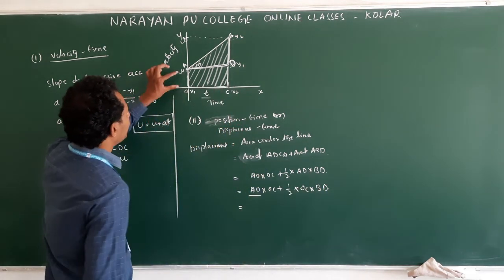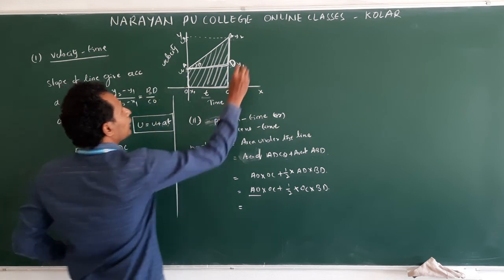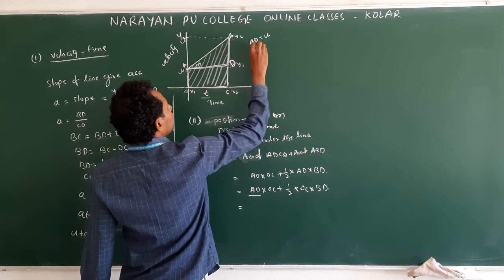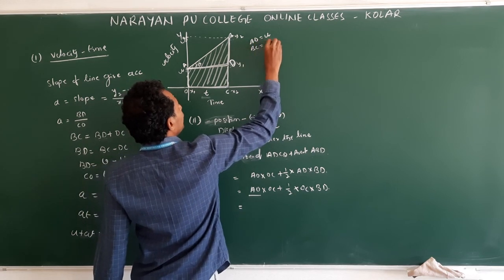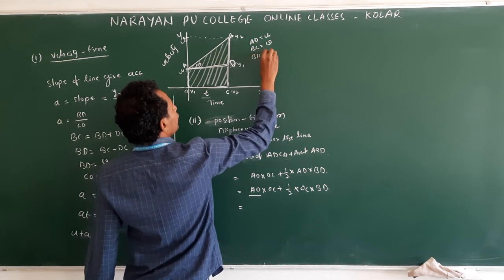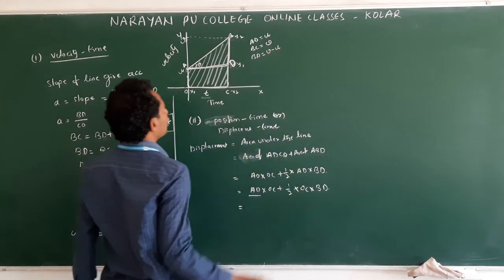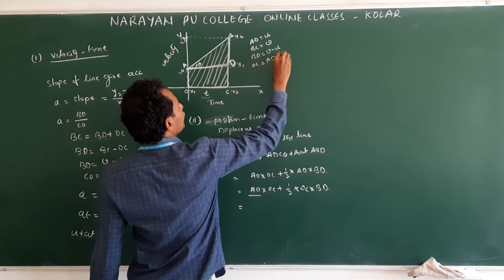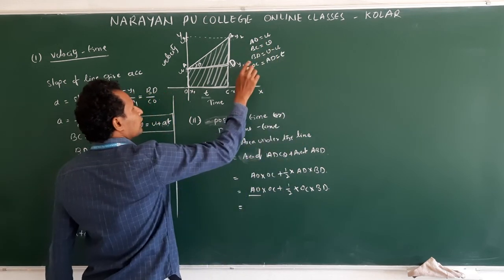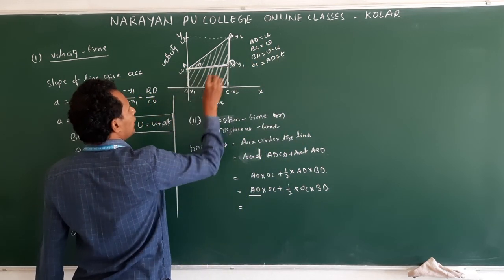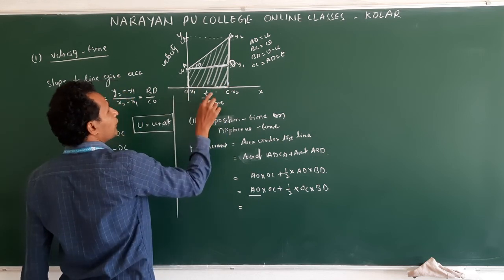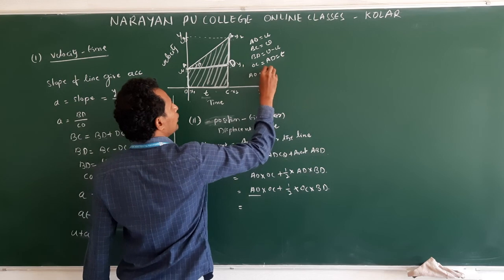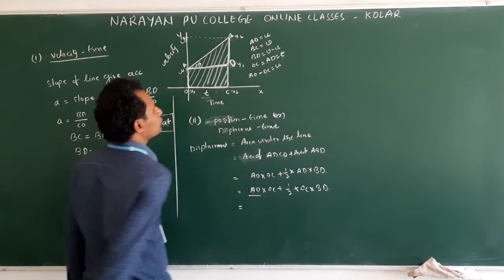From the figure, AO is equal to u, BC is equal to v, BD is equal to v minus u, and OC is equal to AD is equal to t. Clear? AD and OC are parallel, OC value is t, and AO is equal to DC is equal to u.